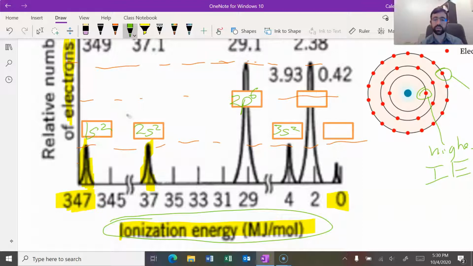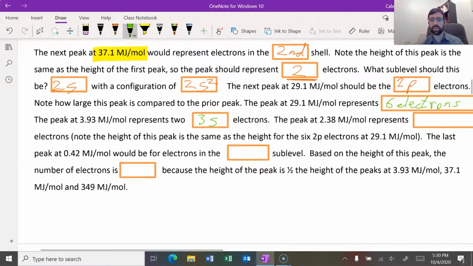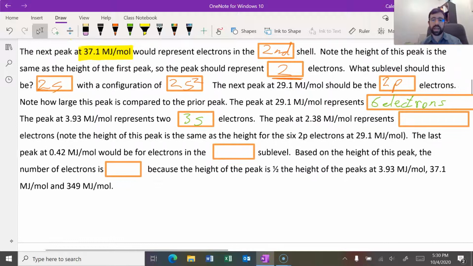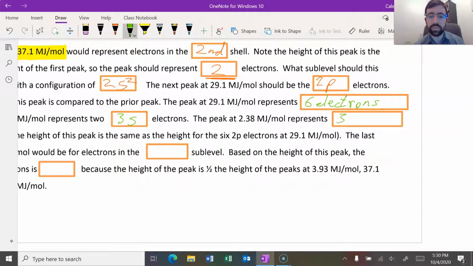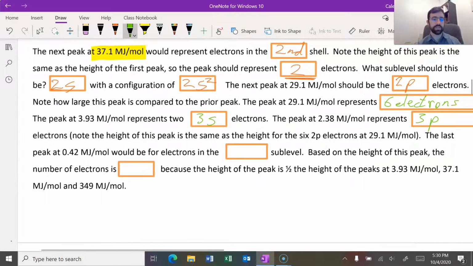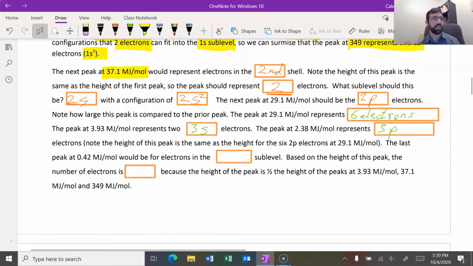What's that next one going to be? Well, what follows 3s2? Back down. The peak at 2.38 megajoules per mole represents the 3p electrons. Note the height of the peak is the same as the height for the 2p.